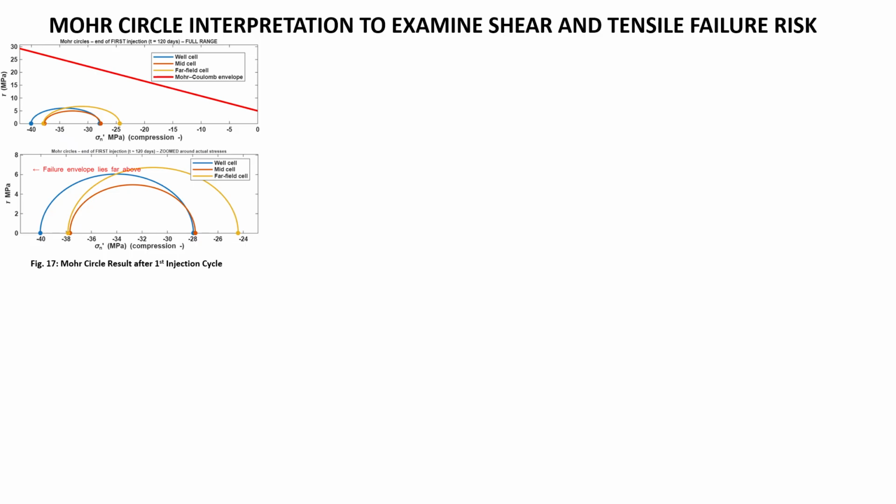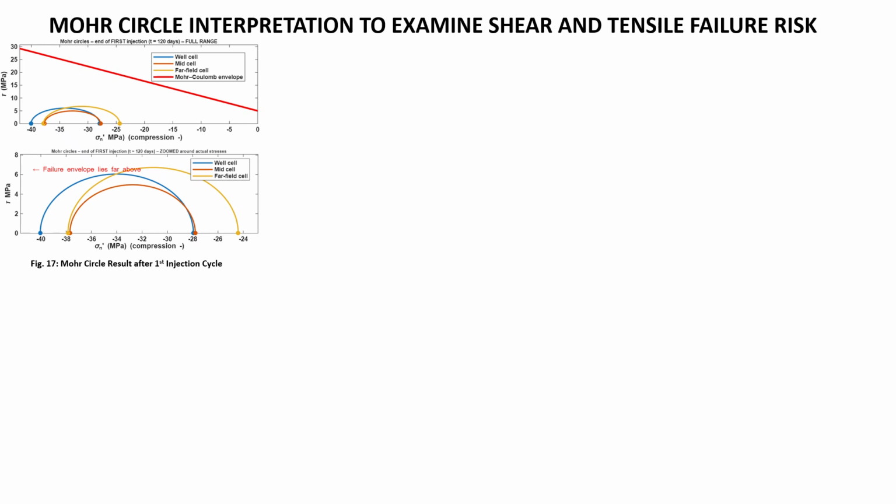I wanted to make a technical clarification here about this red line, which is the Mohr-Coulomb failure envelope. It's not plotted in its correct orientation. A properly implemented Mohr-Coulomb envelope slopes upward from left to right, but because of the constraints before this presentation deadline, I wasn't able to fully correct the plotting code.